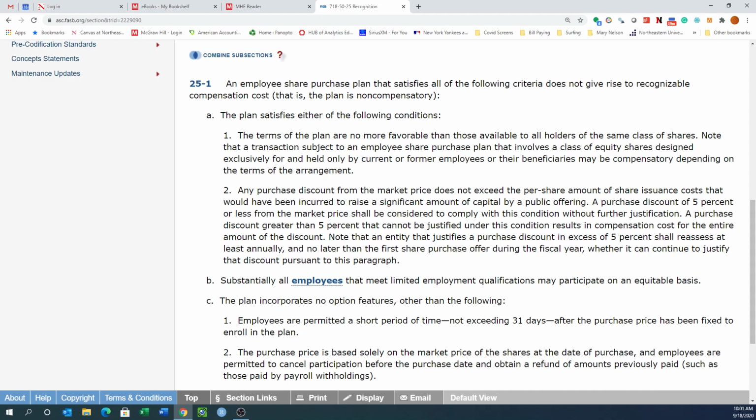It's not going to affect our bottom line. It's non-compensation expense. So everybody's happy. If you have a purchase discount that is greater than this 5%, you have to justify it. There has to be further justification. Why is it that your costs to issue are going to be that much higher?